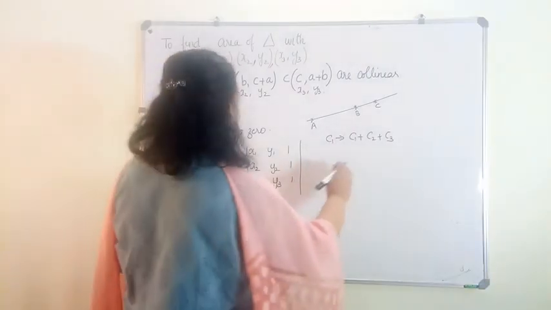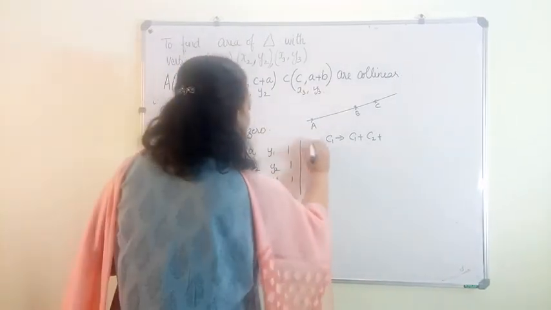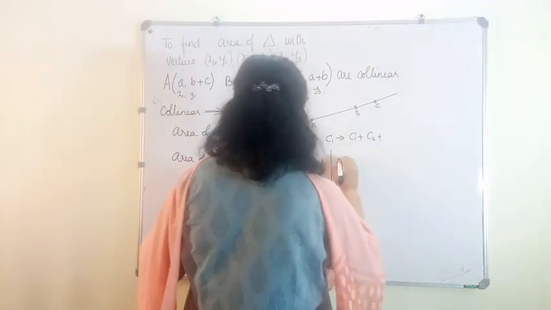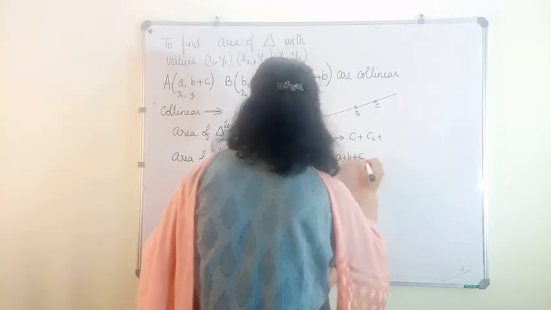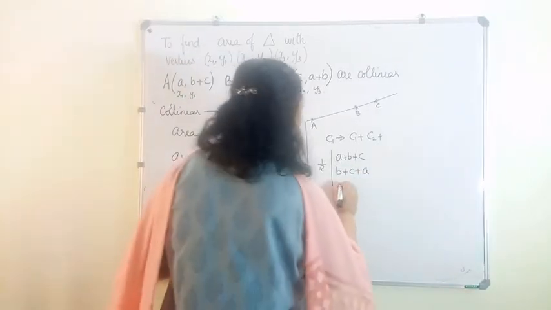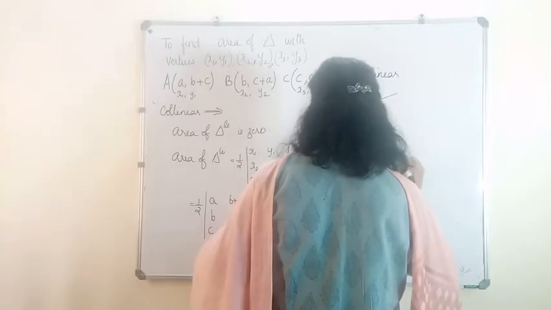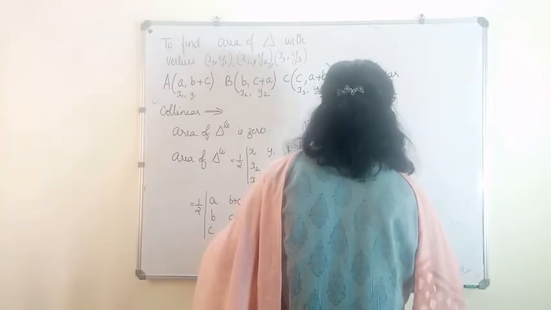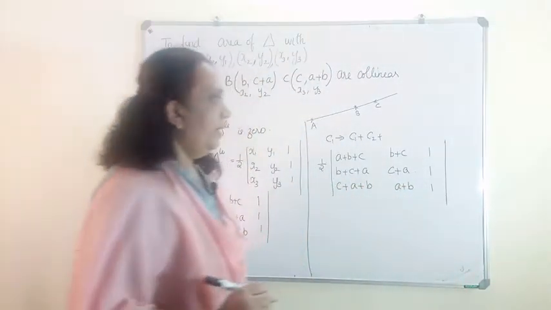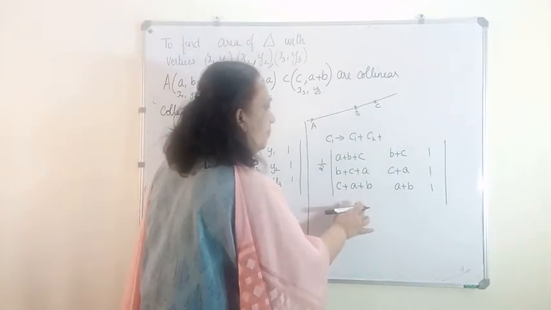That is half into determinant A plus B plus C. Here it will be B plus C plus A. Here it will be C plus A plus B. Next will be B plus C, C plus A plus B. 1, 1, 1. Now, here you can see that first column contains a common term A plus B plus C.